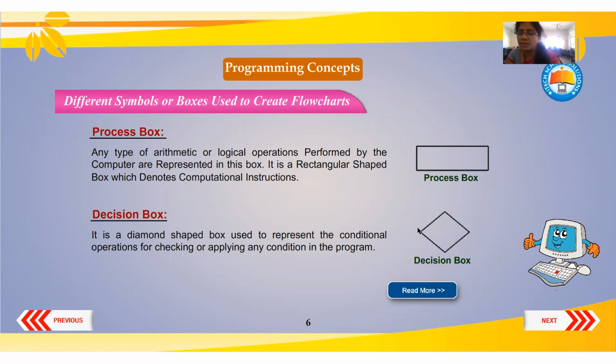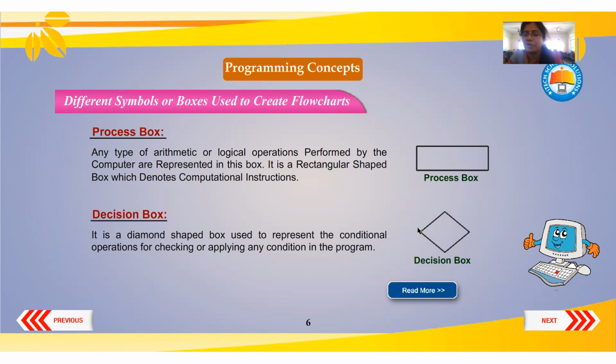Now, where does this decision box come in? Let's take the same example. In that we'll put one condition. You will put a condition to your mother saying that if you're ready to give me extra money to buy some chocolates with the grocery, then only I'm going to go. So you're saying, mommy, if you give me some extra money, then I will go.